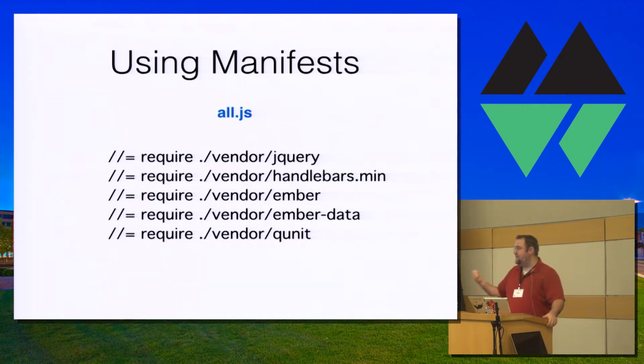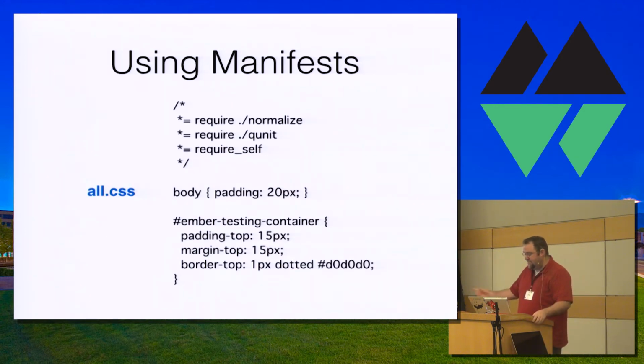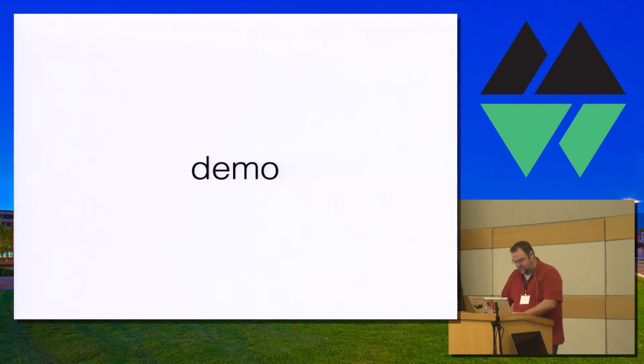So here's my JavaScript manifest. And inside of it, I can require all of the dependencies. So it will take all of those files, concat them into one file called all.js. So here's my CSS file. It takes all of the CSS files I include, add a little bit extra. And then I just wanted to show you what I've done, which will probably make a lot more sense.